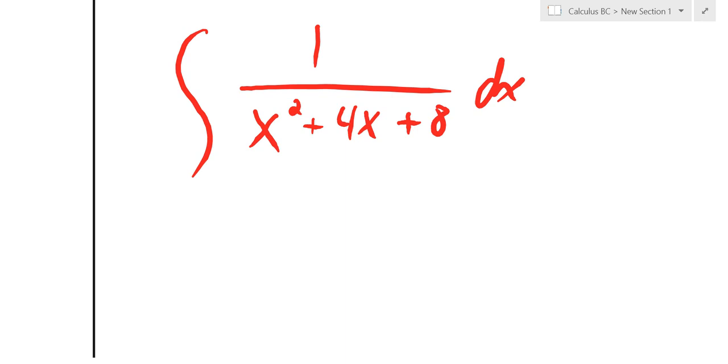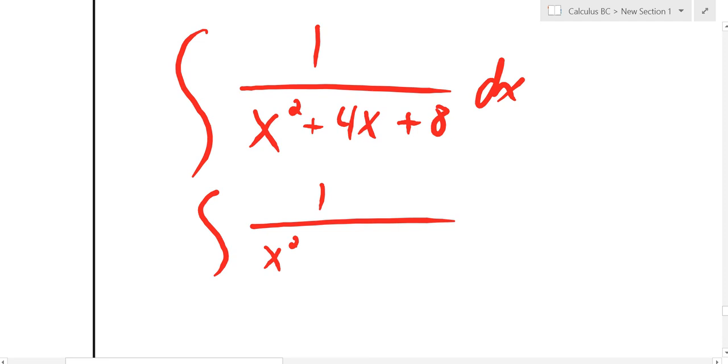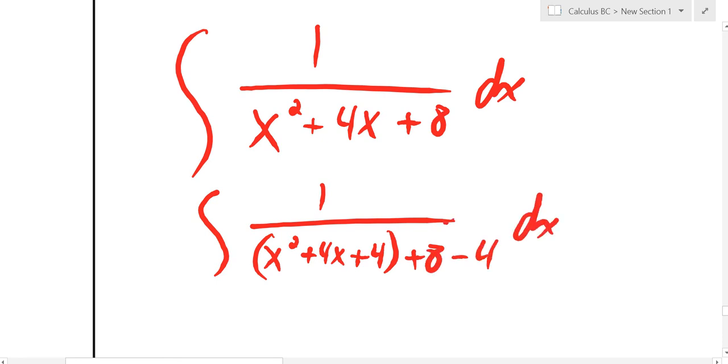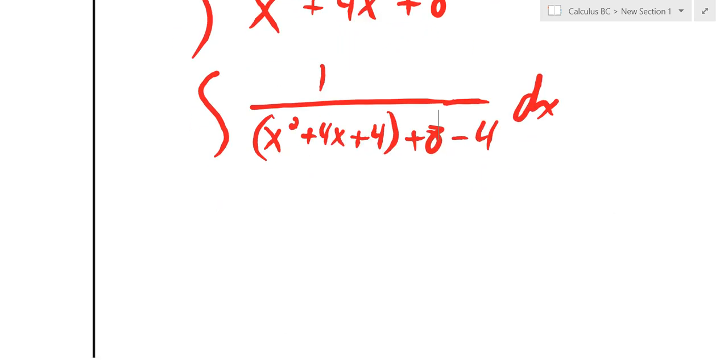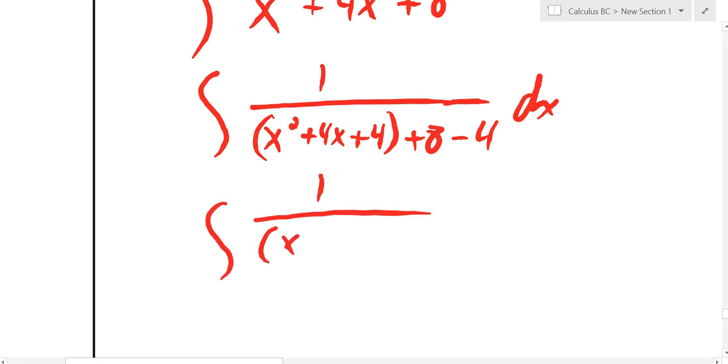So you would do x squared plus 4x. The number we need to complete the square is 4. The plus 8 is out there, and since I added 4, I would have to subtract 4. Everyone okay with that? And that just becomes, check this craziness out, 1 over x plus 2 squared plus 4.